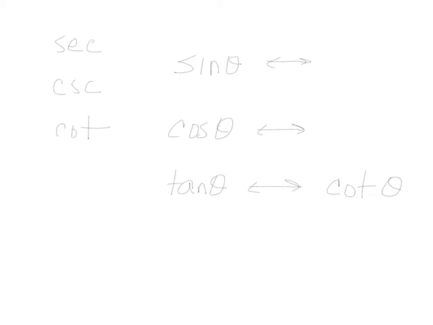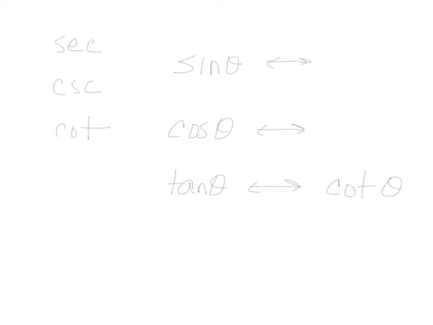As far as sine, cosine, secant, cosecant, the easiest way to remember which ones pair up, you're only allowed to say the prefix co one time. When you name the pair, you have to say co one time. So if I said cosine and cosecant, I would say co twice.